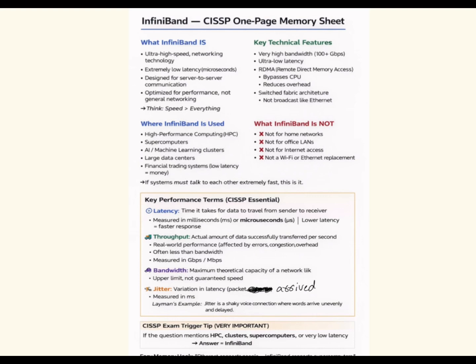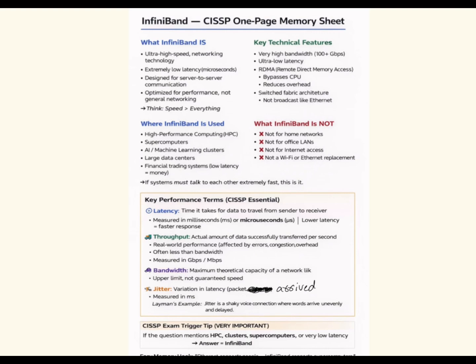Here in this slide you can see it is an ultra high speed networking technology, with extremely low latency in microseconds, not milliseconds, designed for server to server communication. Another important term to remember for the CISSP exam: latency.